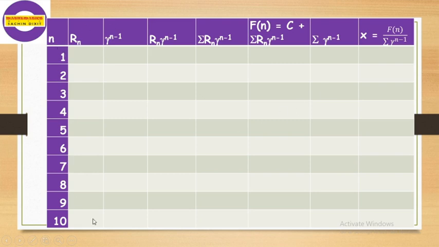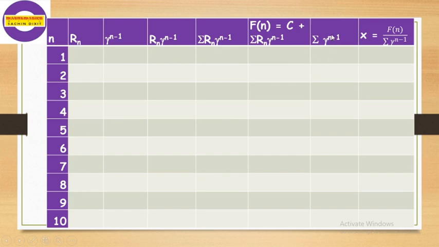We write down about 10 years here, and there are a total of 8 columns. The first column gives the number of years, the second column is the running cost, the third column is the discounted rate gamma raised to n minus 1, then next is the running cost multiplied by this discounted rate, and their total summation. Then we count the Fn, that is the cost plus this summation of Rn gamma raised to n minus 1.